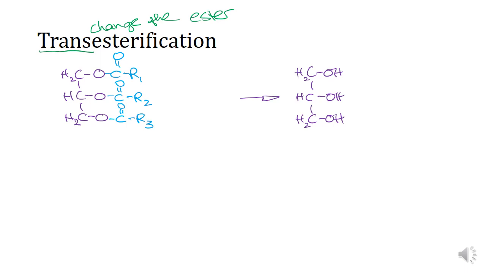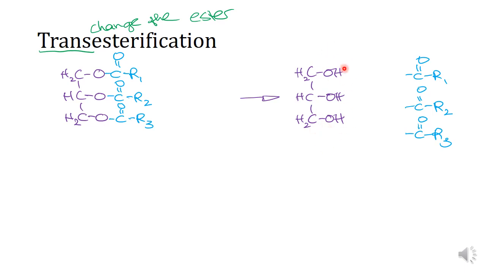So I'm going to end up with COR1, COR2, and COR3. So I need something that is going to replace, and I'm going to go to my laser, something that is going to replace this ester bond with a different one.